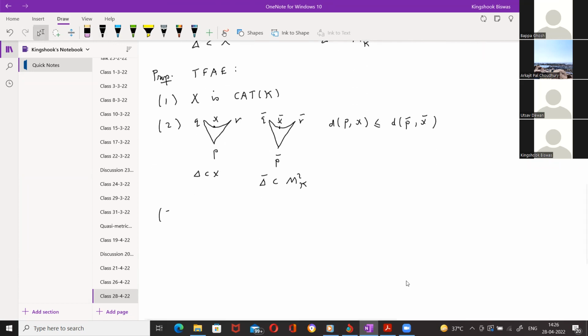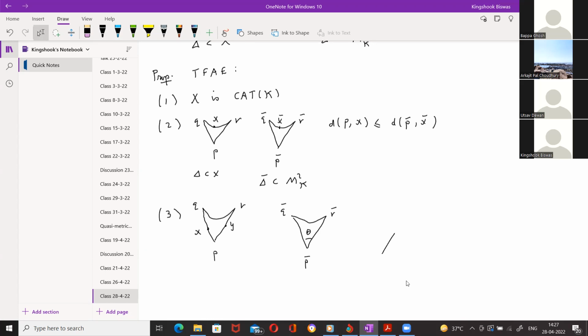And 3, if I have this picture, P, Q, R, and I take a X here, and I take a Y here, then basically if I take two comparison triangles, so P bar, Q bar, R bar, and this angle is theta.